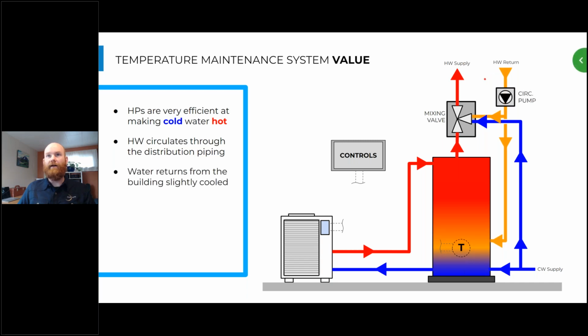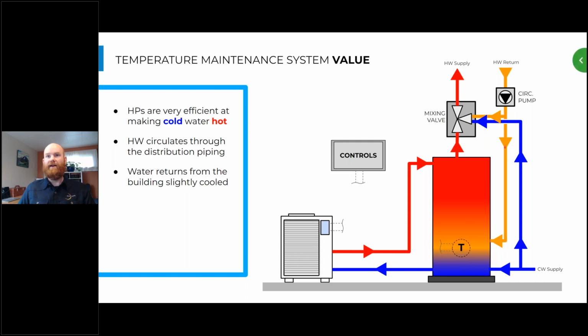Now, if we add a hot water circulation pump, we're also going to connect that to the cool side of the mixing valve, and that's typical design if you look at any hot water mixers out there. But that pump's going to continuously or nearly continuously circulate water in the hot water distribution network in a commercial application.